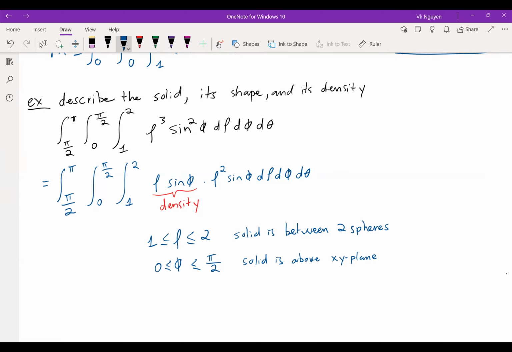And the last information here, theta from pi over 2 to pi, is the second quadrant when projected onto the xy plane.